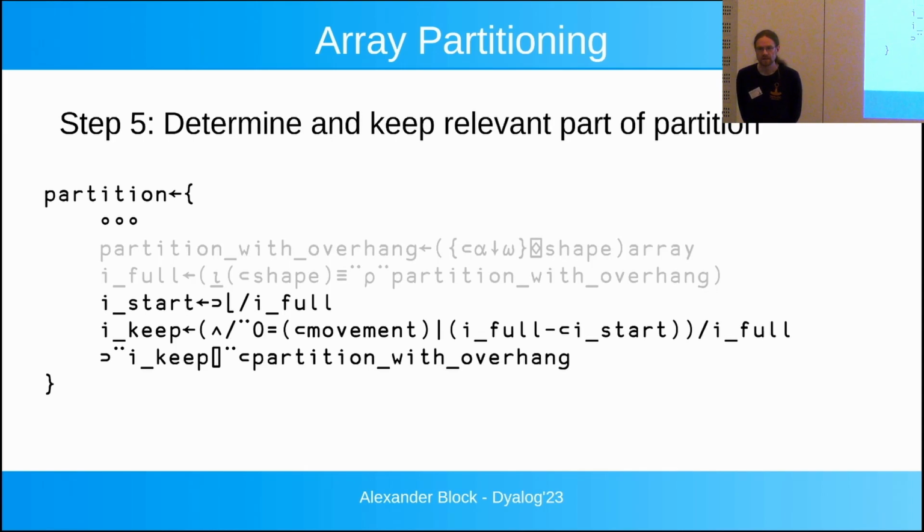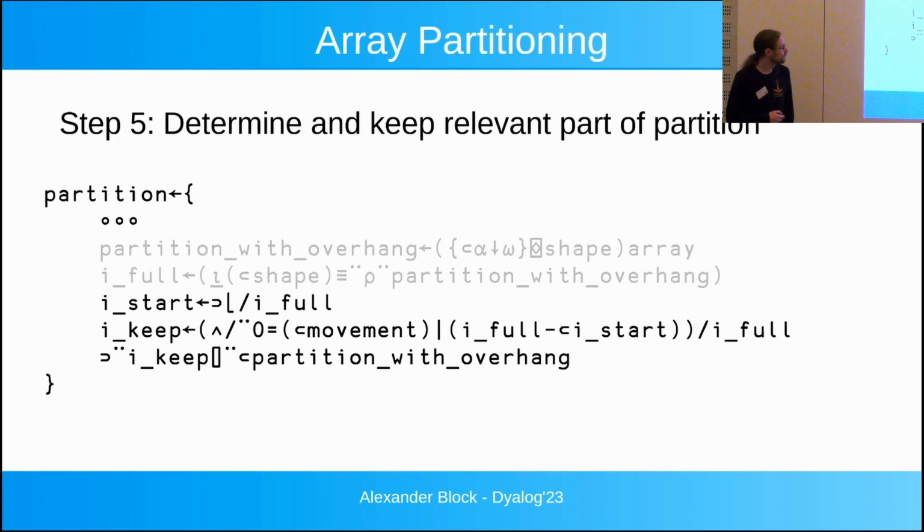Okay, but now I have to take care. So I did take care of the partition. I did take care of the first. I didn't take care of movement yet. Okay, that's the part that is still missing, and that's the last part actually, and then I'm done. First, okay, some bookkeeping. So I take an index where I start, essentially, and then I want to move. But what does movement mean? Of course, I want to take the indices from the start, which are generated by adding an integer multiple of the movement vector to the start index.